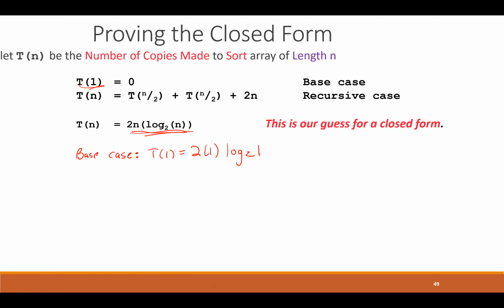Log base anything of 1 is 0, right? The definition of log is how many times do I have to divide this by my base, in this case 2, until I get down to 1. In this case, I'm already at 1, so log base 2 of 1 is 0, which means this entire thing is 0. So my base case works.